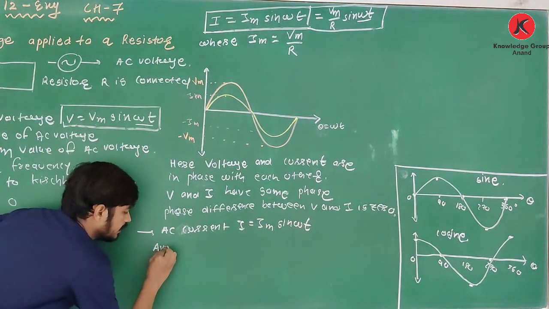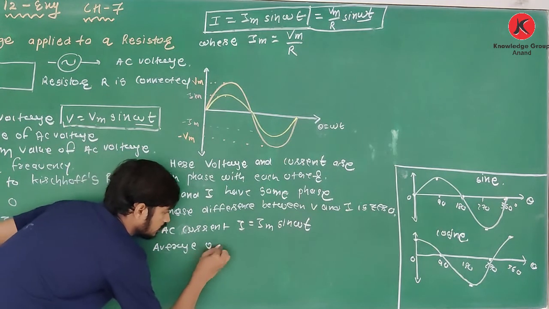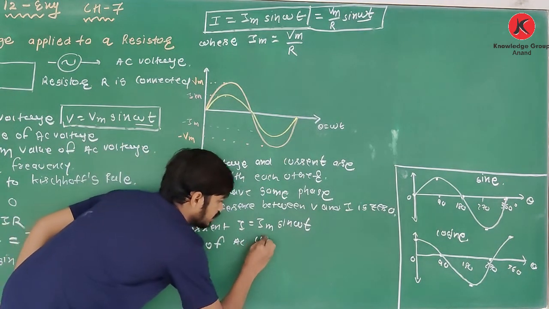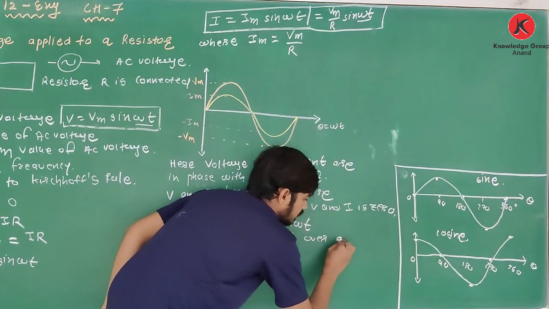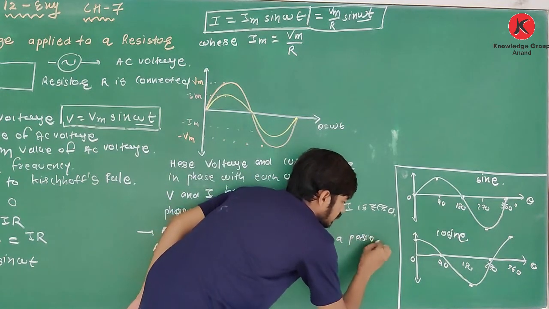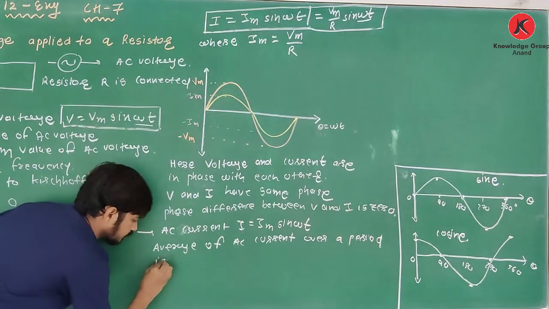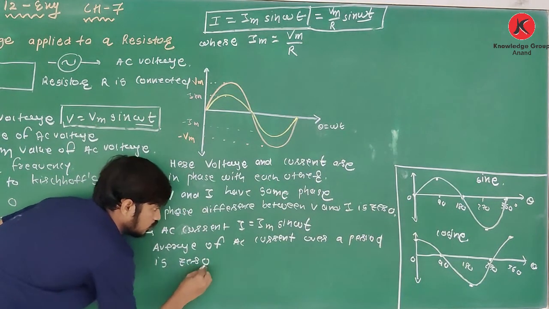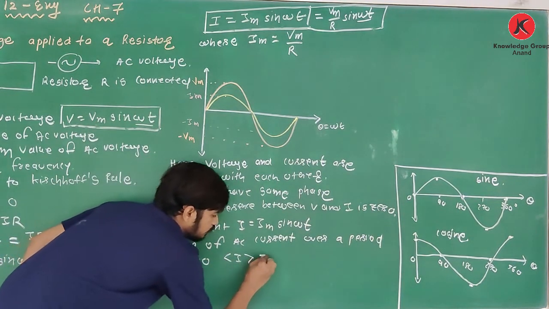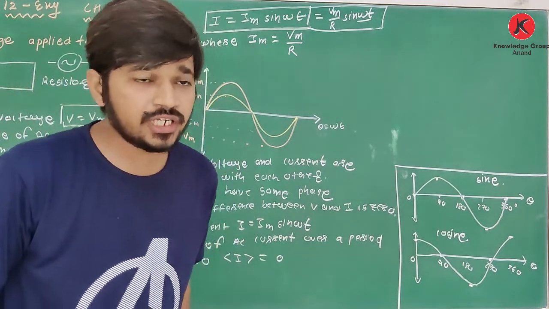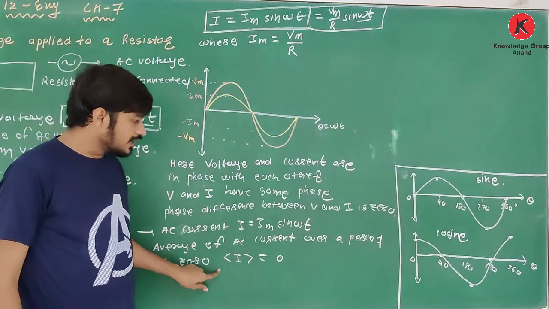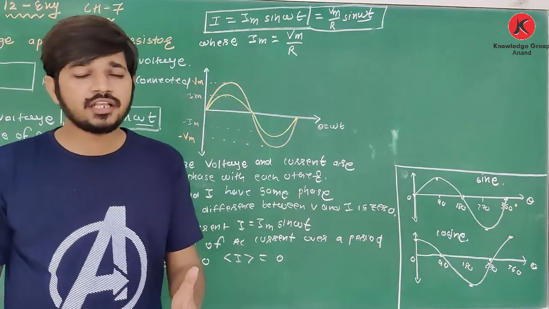So the average of AC current over a period is 0. That is, average of I is equal to 0. But although the average of AC current is 0, the power dissipated is not 0.